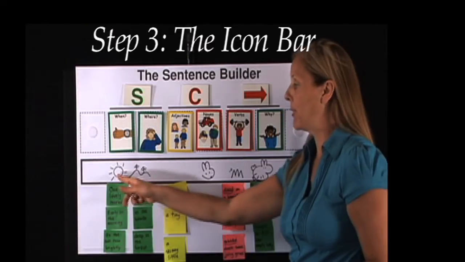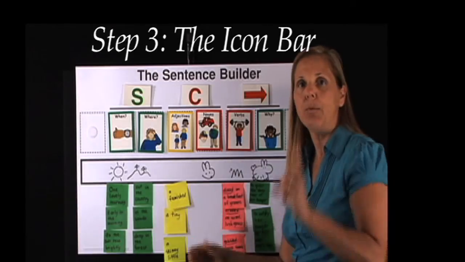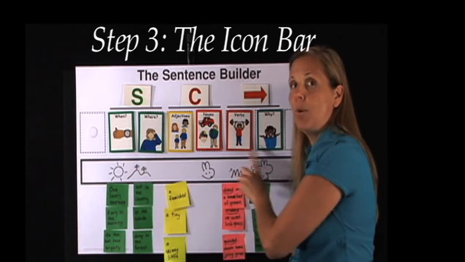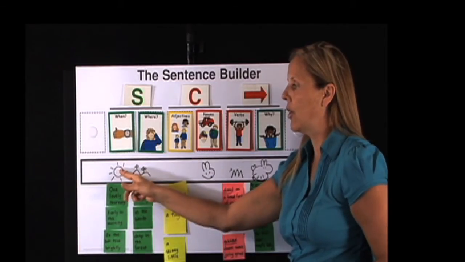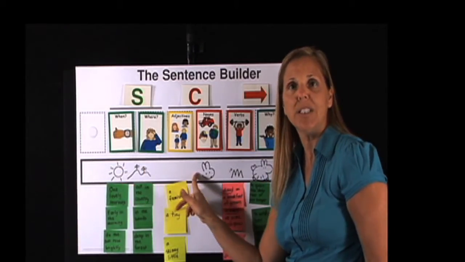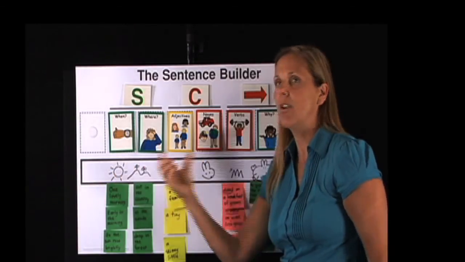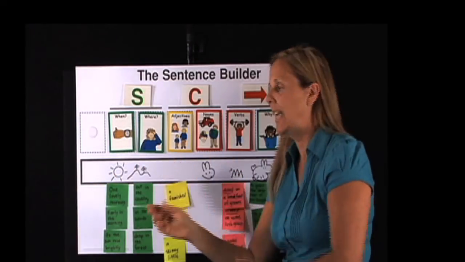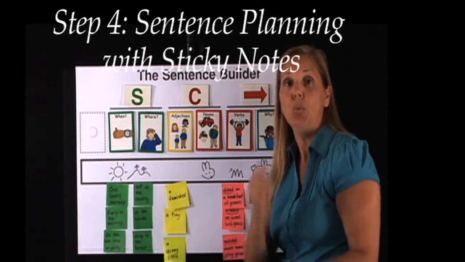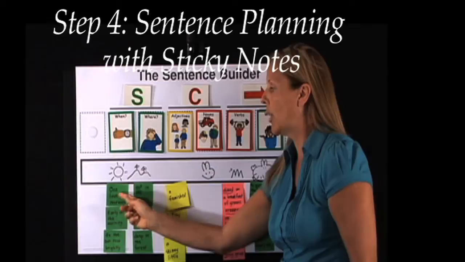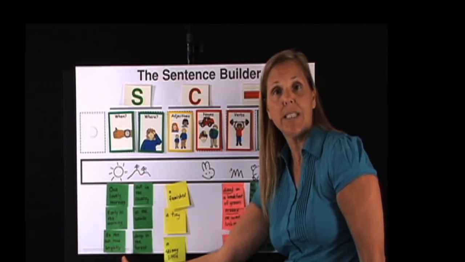Next, we went to step 3 where we had our planning bar where we planned out the story. Remember, this was the only time we didn't move from left to right in the sentence. We used the parts of speech cards so that we could plan out each part of the sentence. That's why we want to use those parts of speech cards so kids can start to chunk sentence parts to create their sentences and then lead us into step 4, which is the sticky note time, where we're going to use those different chunks of a sentence to brainstorm better ways to say them.